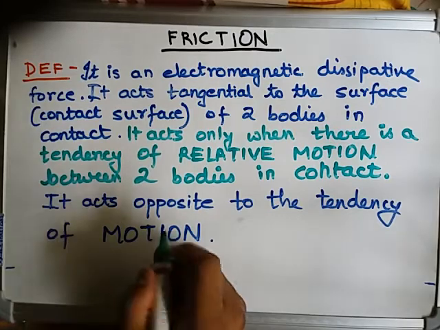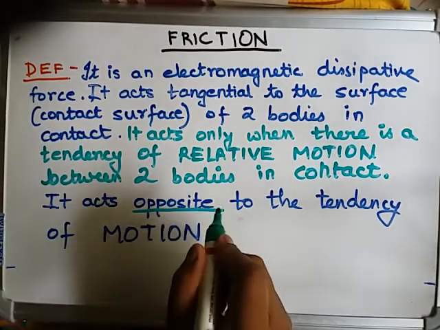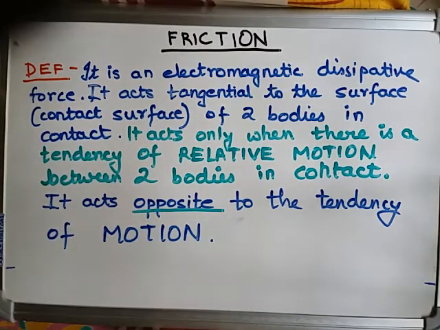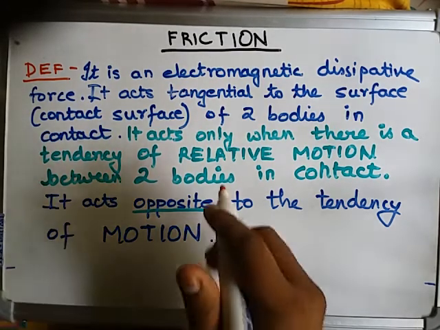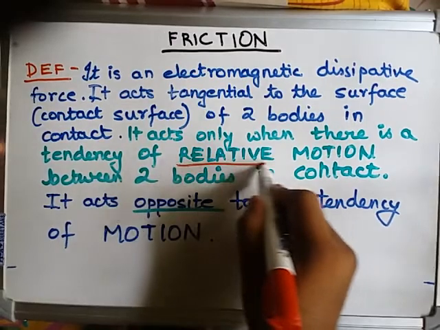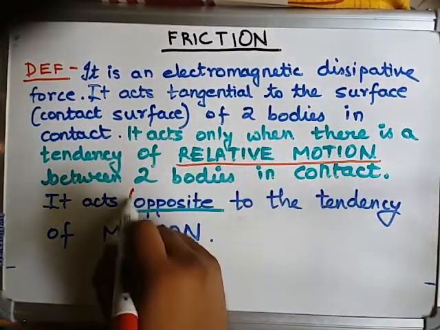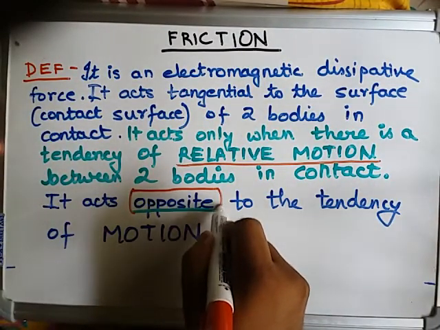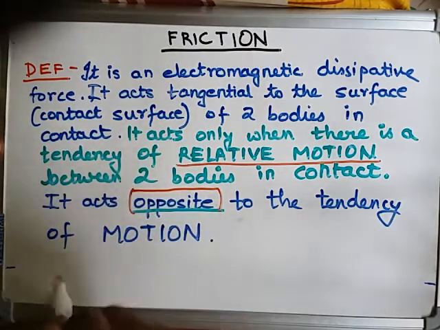So this gives us the direction of friction, that is opposite. Also two things are very important over here: it acts only when there is a relative motion, and it acts opposite to the direction of the relative motion that is tending to occur.